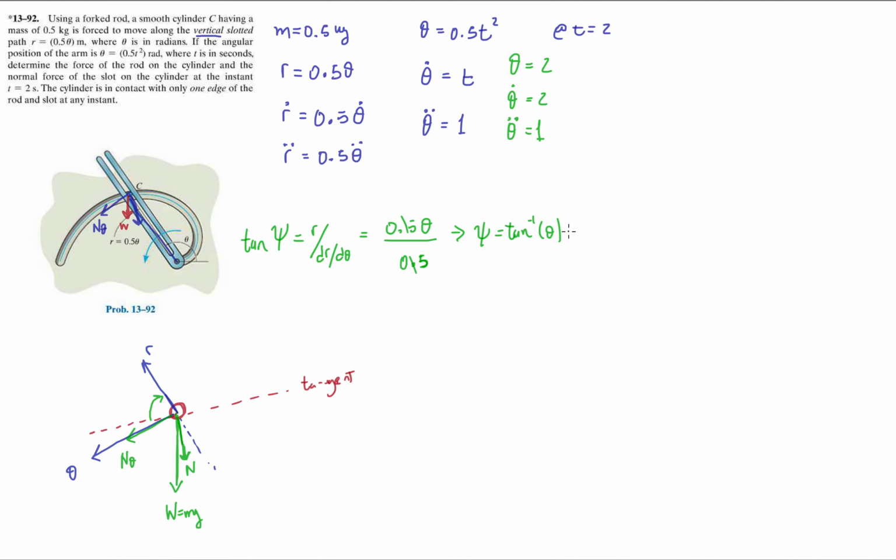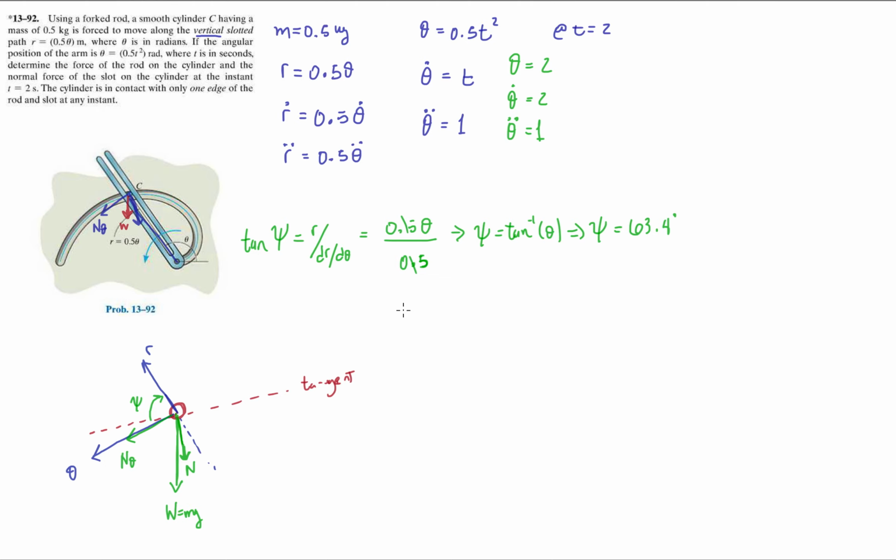When we evaluate this, plugging it into your calculator, we should get psi equal to 63.4 degrees. So here's psi. Alright, that's good.